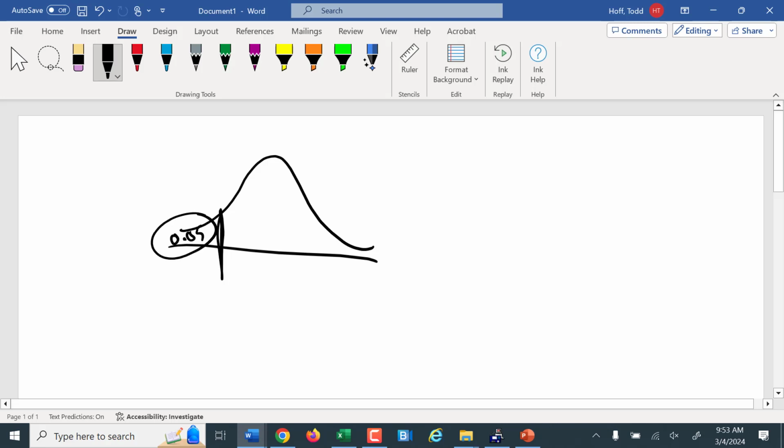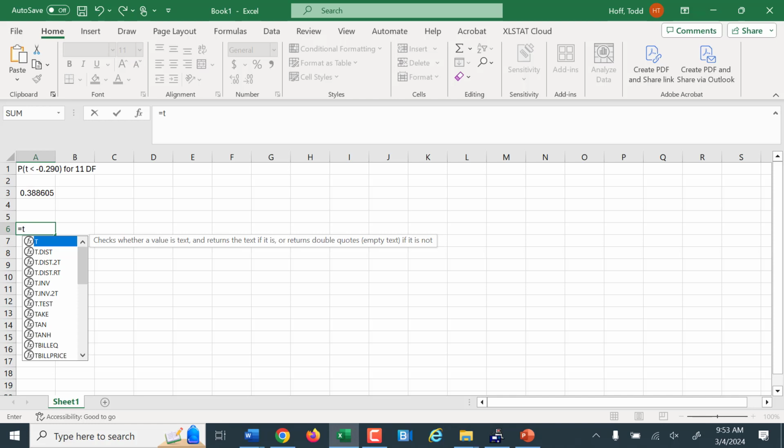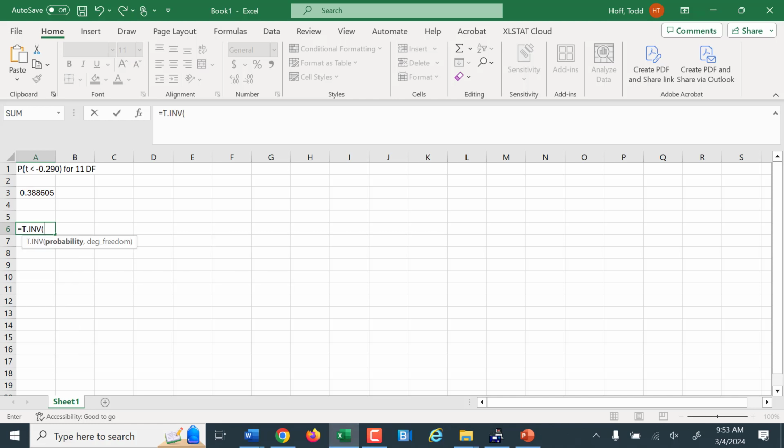So in Excel, I can do an inverse t. So t inverse of 0.05 for 11 degrees of freedom. And I get negative 1.796.